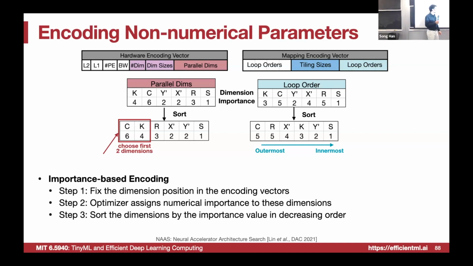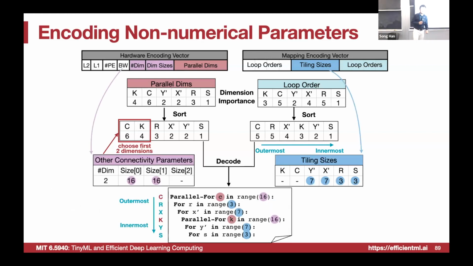For these important loops, we want to put them in the outermost, since they will have the least amount of iterations, versus those less important loops, which we want to put in the inner loop, which is going to be super hot, looped every time, assuming that's cheaper and not important. So in this way, we can turn those non-numerical hyperparameters into numerical hyperparameters, so that as soon as they become integers or real numbers, we can learn them.